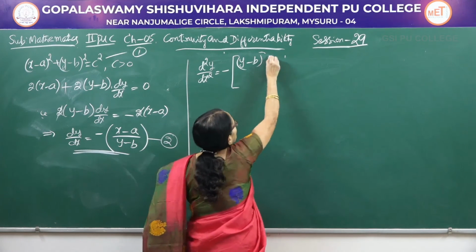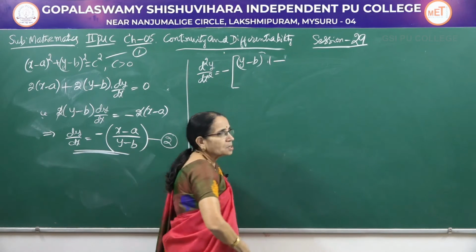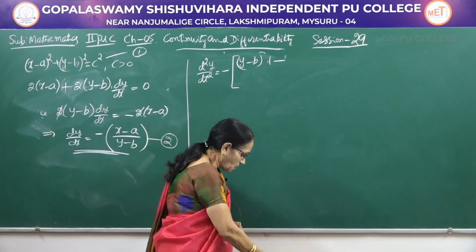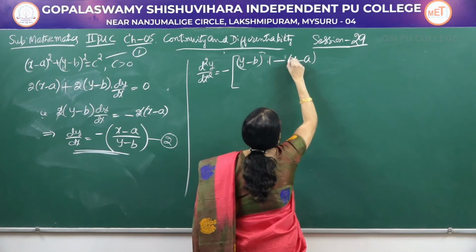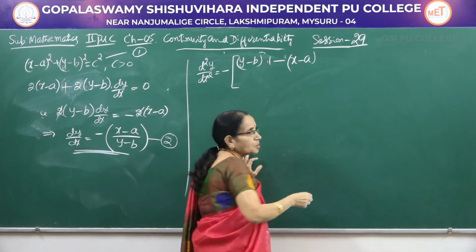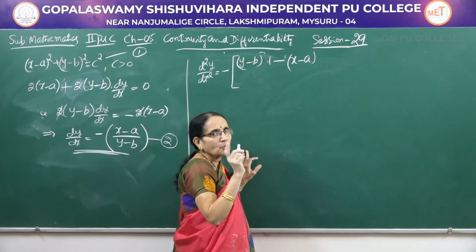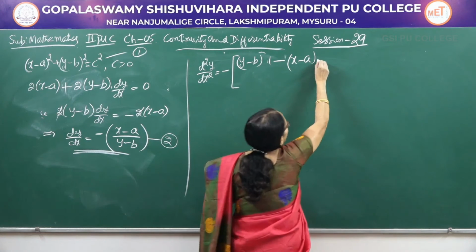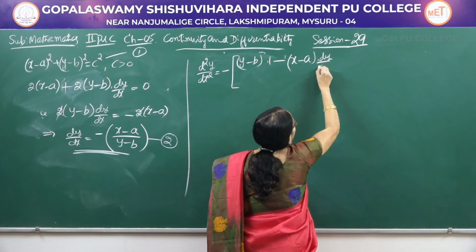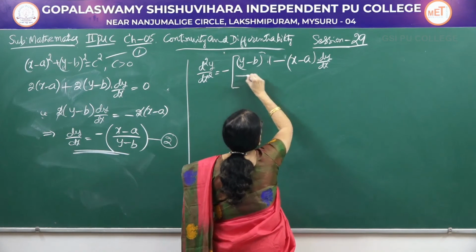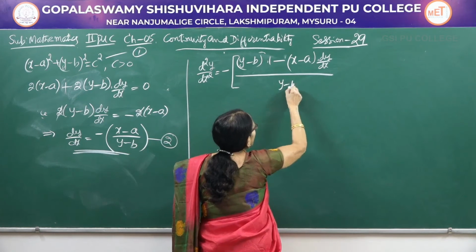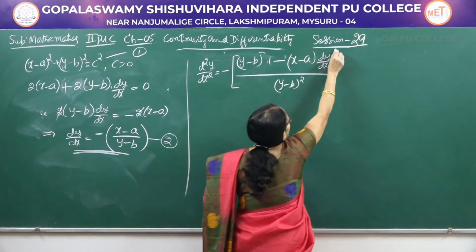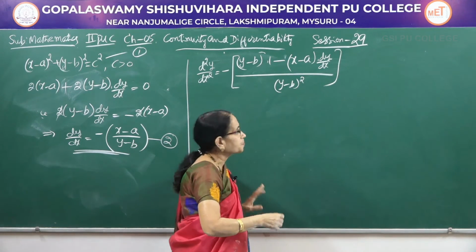So it is 1 you can write, minus the numerator. What's the numerator? Numerator is x minus a into, differentiate the denominator. For b it becomes 0. For y it is dy by dx, because we are differentiating with respect to x, divided by the square of the denominator, it is y minus b the whole square.